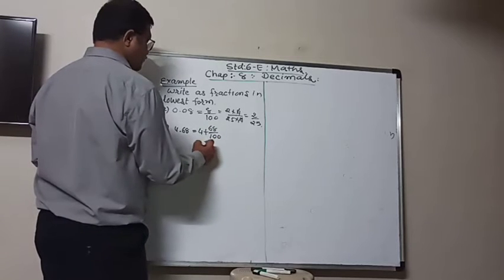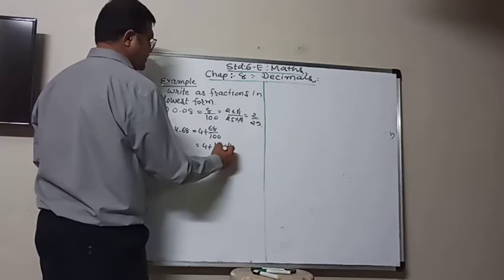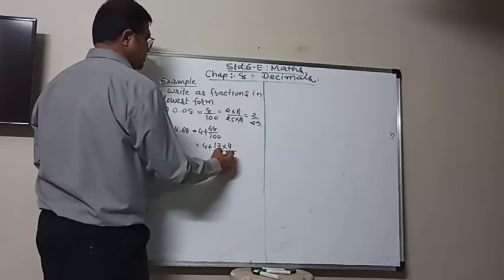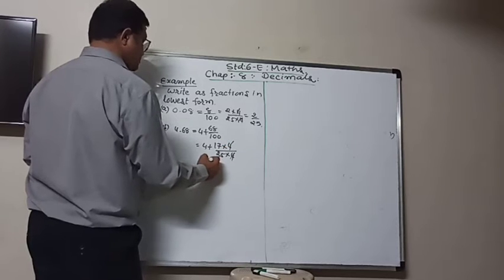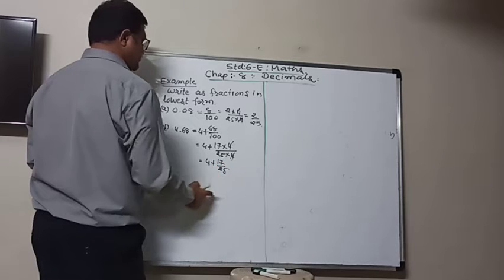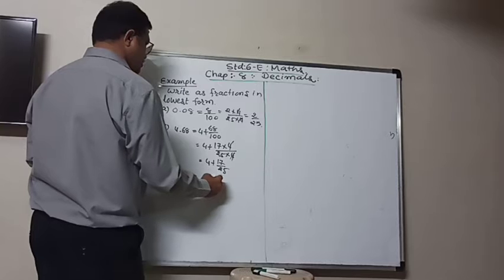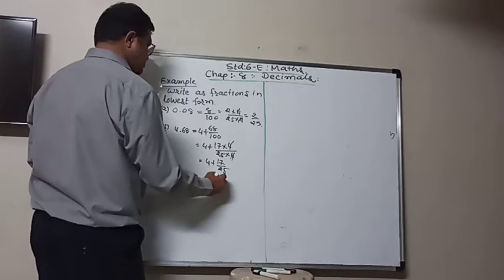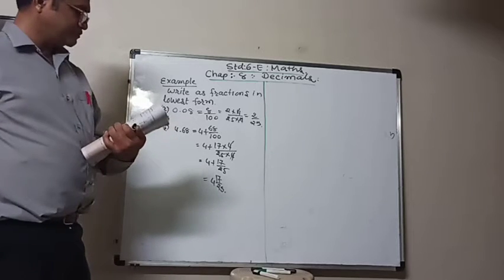So that is equal to 4 plus. Now 68 can be written as 17 fours and 25 fours. If you cancel them, then 4 plus 17 upon 25. Now you can't go for more cancellation. So your answer is 4 integer 7 upon 25.